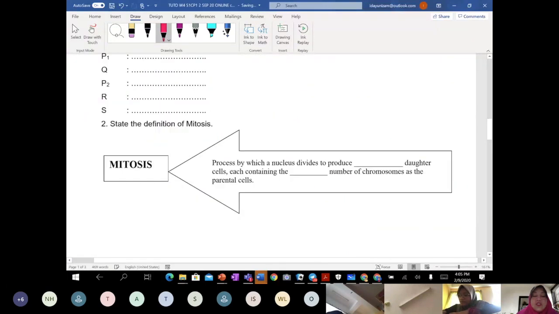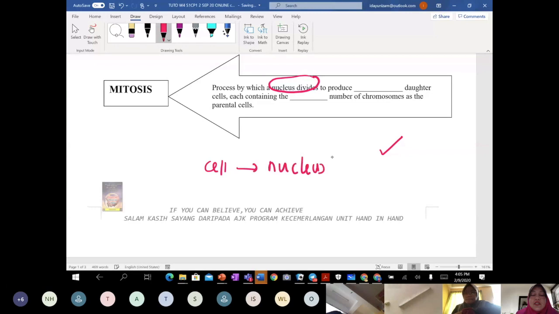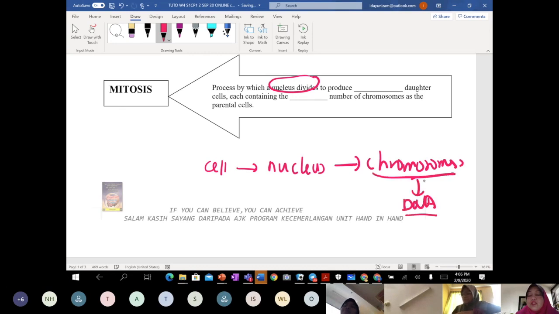So when teacher asks you about mitosis, what is mitosis? Inside the cell there is a nucleus, and inside the nucleus there is a chromosome. This is what we are going to discuss. On the chromosome there's DNA. That's why during synthesis, DNA will duplicate.